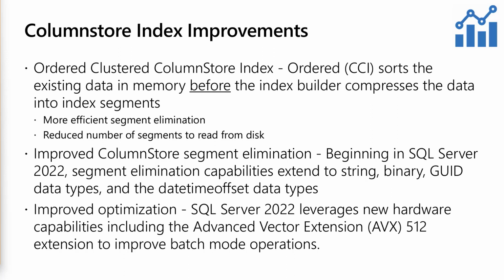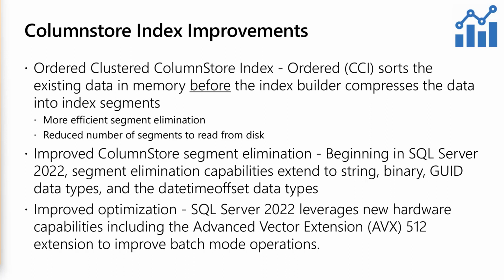So we can have a clustered column store index and a non-clustered column store index. A clustered column store index physically stores the entire table, and to be sure, a non-clustered column store index and a clustered column store index really function the same way. The difference is that a non-clustered column store index is a secondary index that's created on a row store table, and a clustered column store index is the primary storage for the entire table.